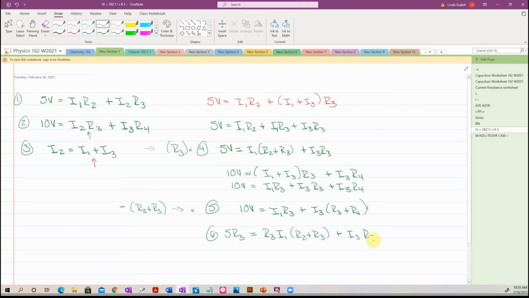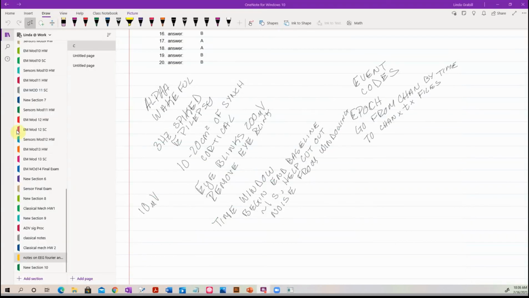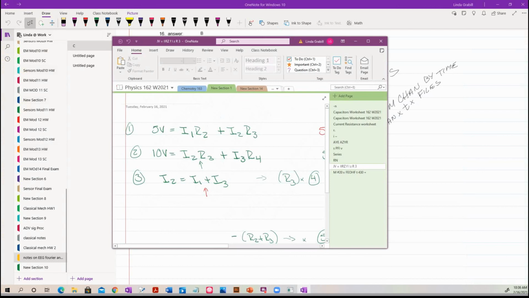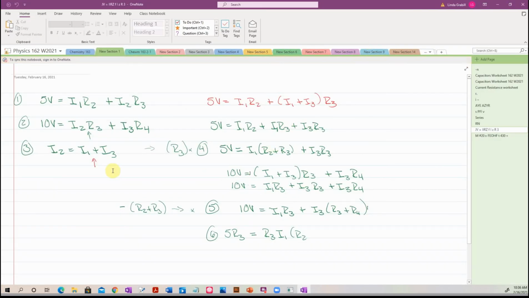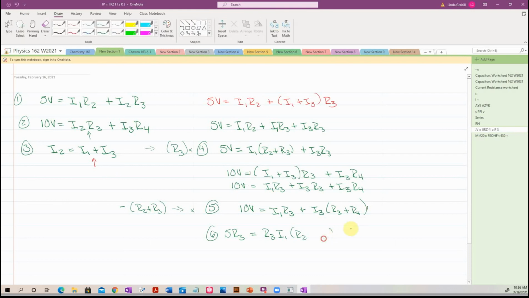There we go. Oops, R3 squared, right? Multiplying it through. And it didn't go. Oh, computer, don't do this to me. It did it to me. Did we lose anything? Just everything I just wrote, huh?